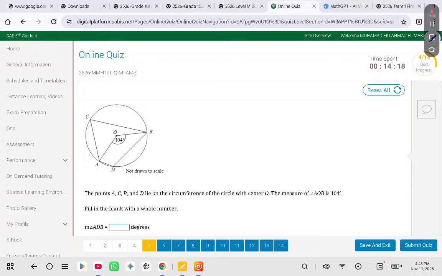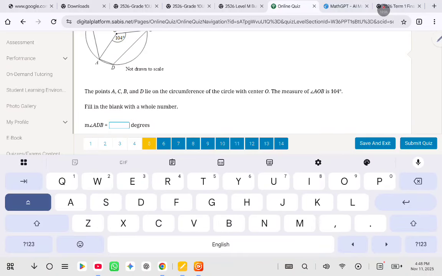Wait, guys, no, never mind, sorry. AOB, which is 104, is facing arc DB, right? If DB is 104, to find D, we do 360 minus 104, which is 256, and then you divide by 2 because it's an inscribed angle.